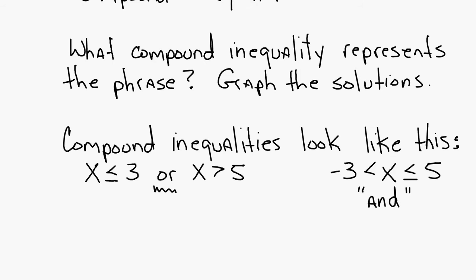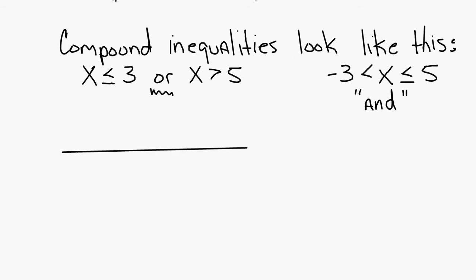Now, when you're graphing compound inequalities, you're really graphing two answers on one number line. So if you graph this compound inequality on the left, you're going to graph x is less than or equal to 3. So you put your 3 on the number line. It's a closed circle, and it's shaded to the left.